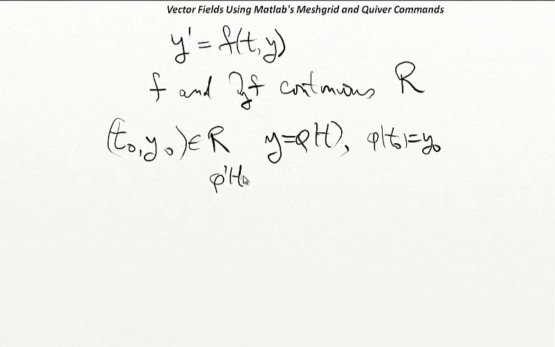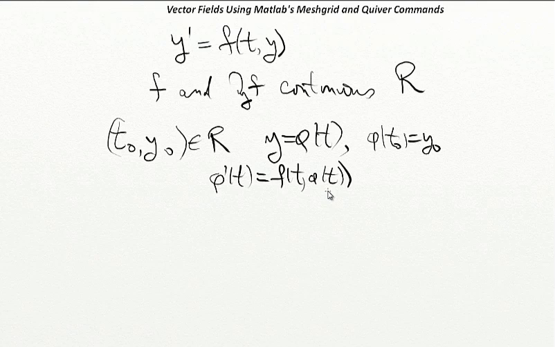Phi prime of t is equal to f of t, phi of t, and this will be true for all points t in some interval containing the point t0. The whole story of how big the interval is, we've talked about, and it's a somewhat sophisticated idea. We'll come back to that at another time.